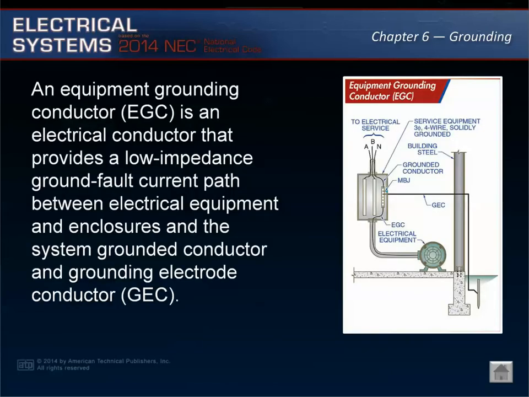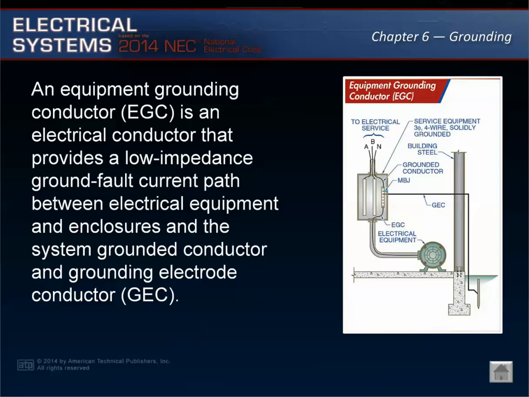An equipment grounding conductor is an electrical conductor that provides a ground fault current path. It provides a connection between the normally non-current carrying metal parts of equipment to the system grounded conductor, the grounding electrode conductor, or both.